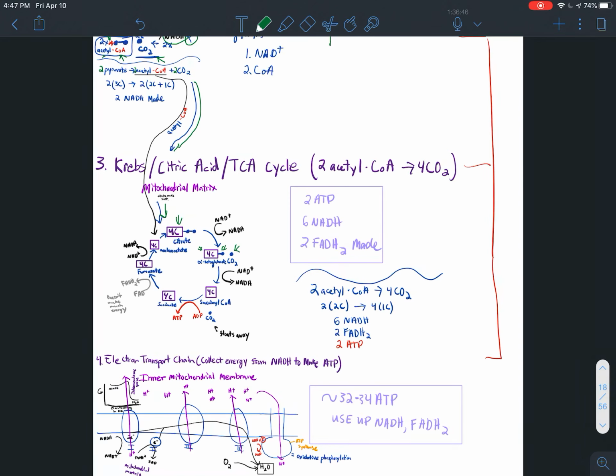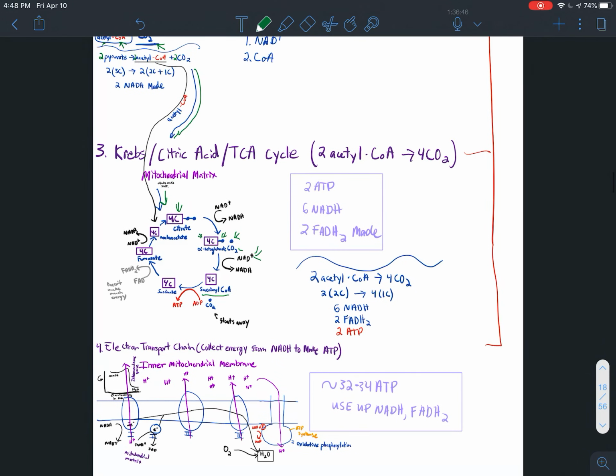Next, we put in another NAD plus over here and make NADH. This creates a 4-carbon compound and releases a second carbon dioxide. This molecule is called succinyl-CoA. ADP comes in next, and our first ATP is formed.